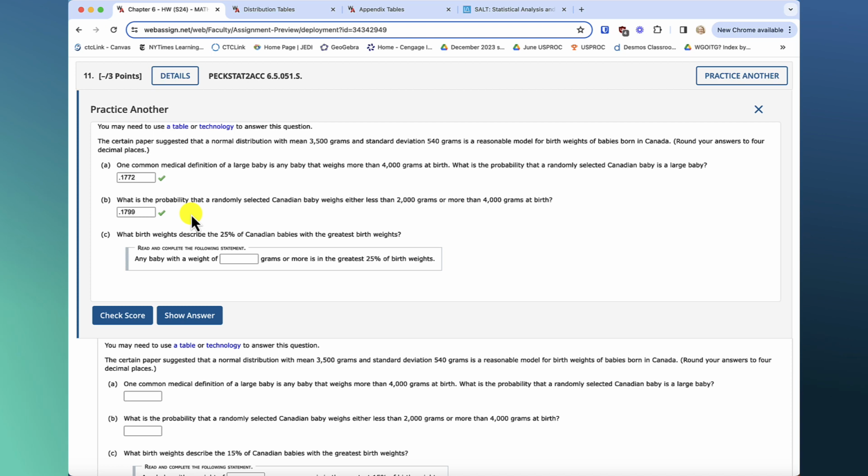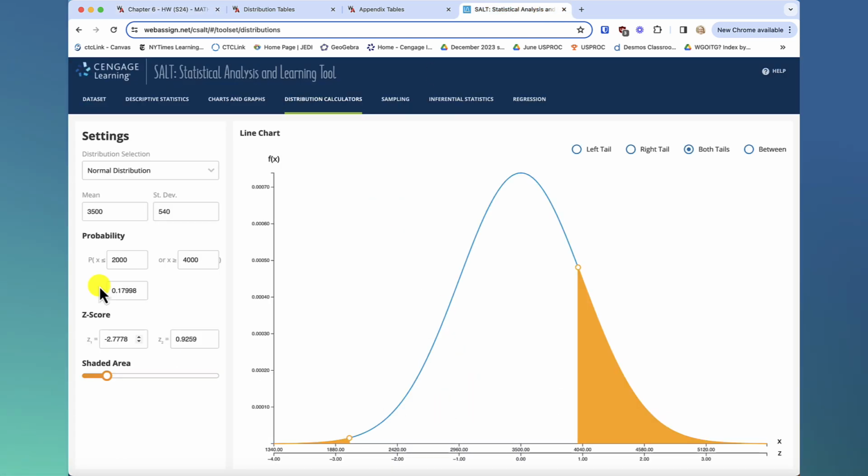Okay, that's looking good. And then the third question is a backwards type of question. It's saying, what birth weights describe the 25% of Canadian babies with the greatest birth weights? So if we're looking at our distribution, so far we have put in values of X and then we get out a probability.